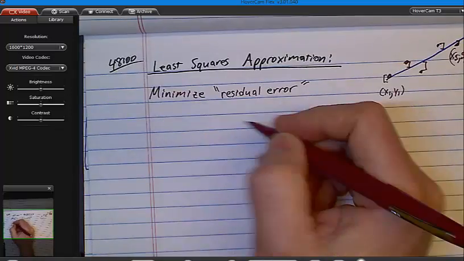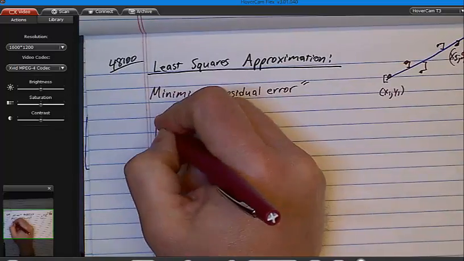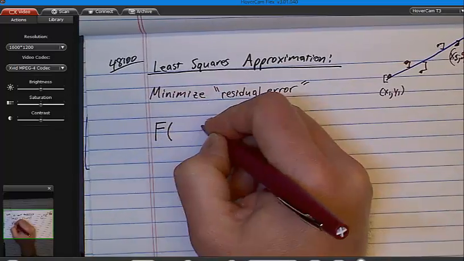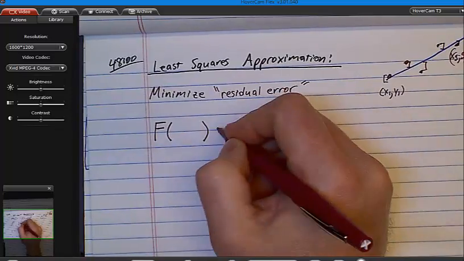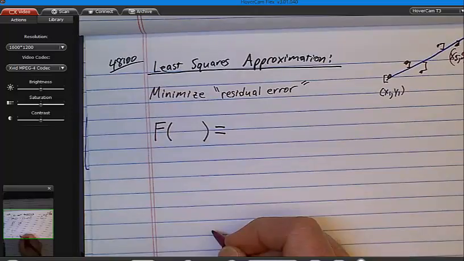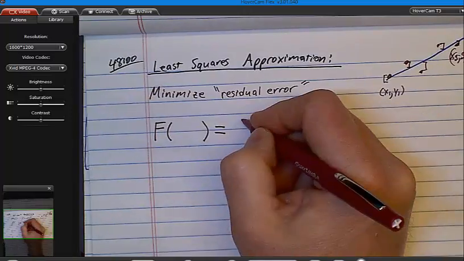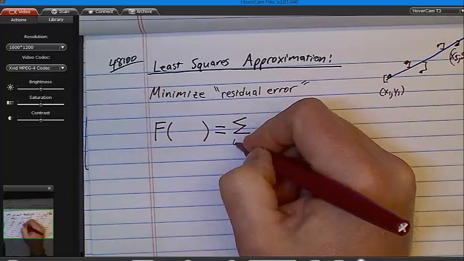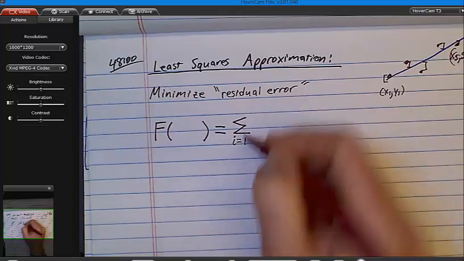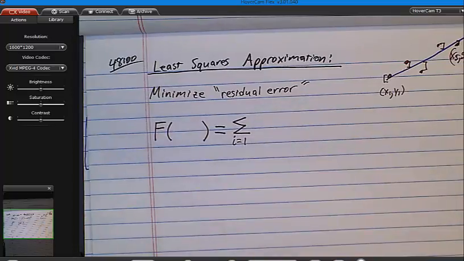I'm going to write this function down. I'm going to write f. I'm not telling you what the inputs are quite yet. Equals. And I'm going to add some things up. You guys okay with that notation? Sigma, right? This i is called an index. i equals 1 to what? What do you usually put at the top?